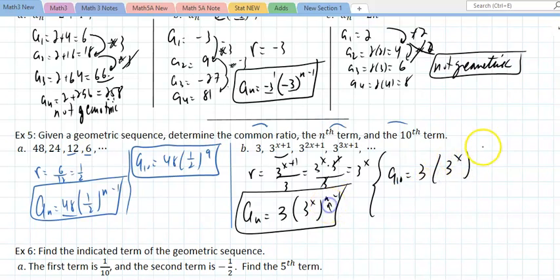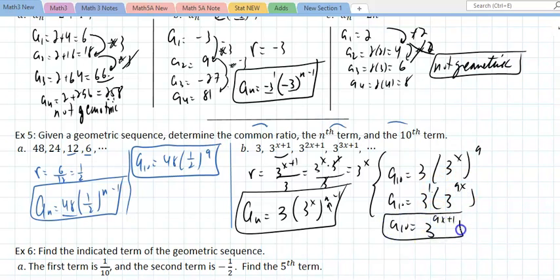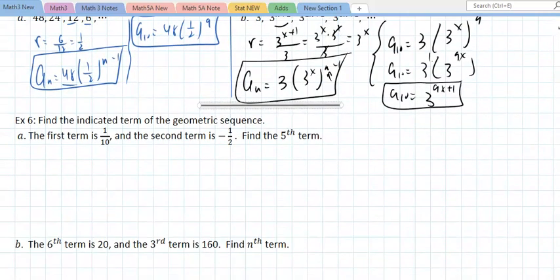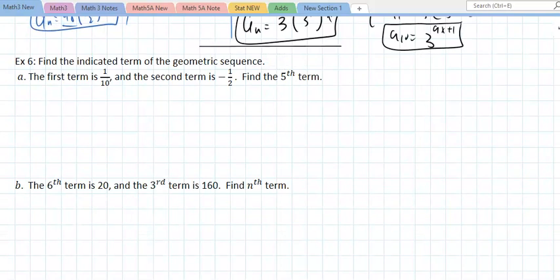If you put a 10 in there, that's a 9. Here I could find it with ease. That is 3 to the 9x. And when you multiply terms with the same base, you simply add the powers. So this is running smoother because we already did arithmetic sequences, so we're used to this somewhat.